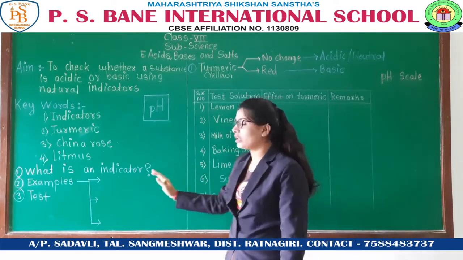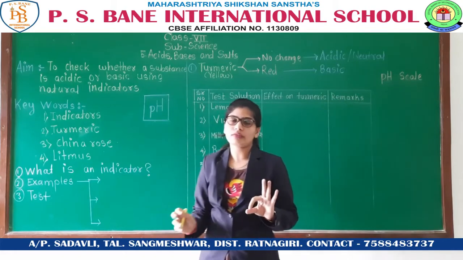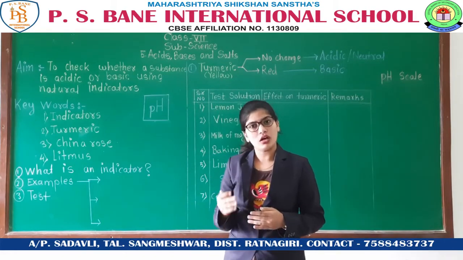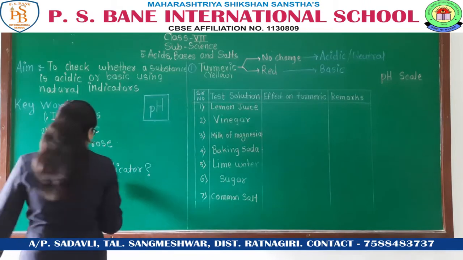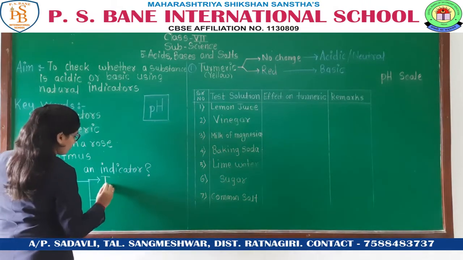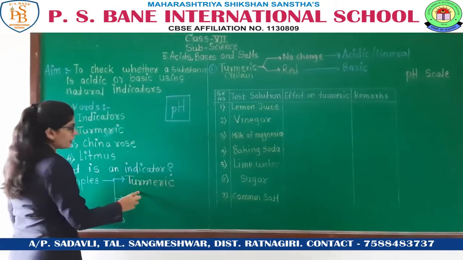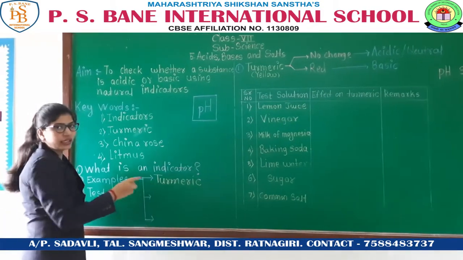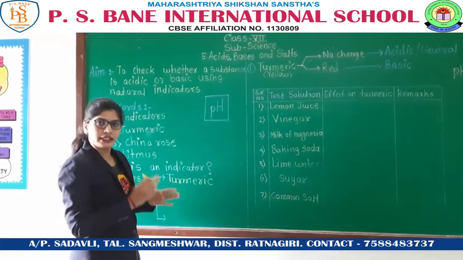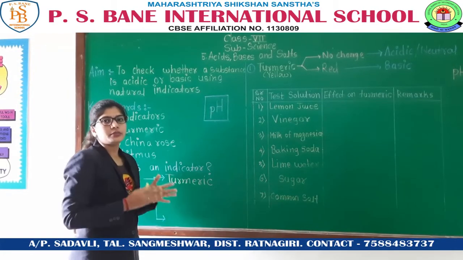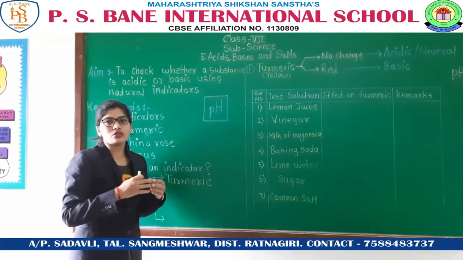In natural indicators, we are going to learn three types. The first one is turmeric solution. Actually in your textbook the first one is litmus, but with litmus there are so many tests.